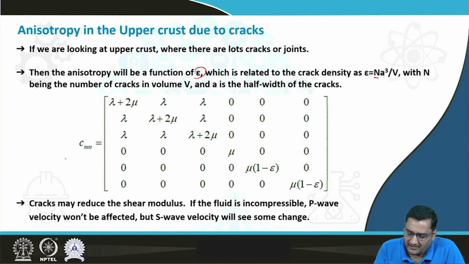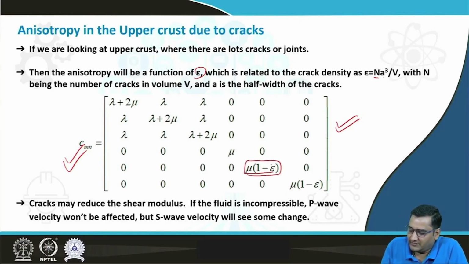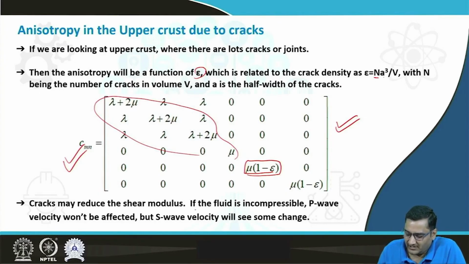So the Voigt matrix for the stiffness tensor can be written in this form. You can see that the mu value has been reduced by an amount of epsilon. All other parameters remain the same. So cracks may reduce the shear modulus. If the fluid is incompressible, P wave velocity won't be affected, but S wave velocity will see some change.